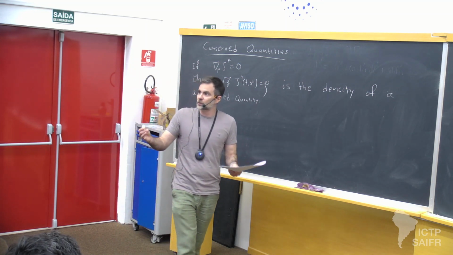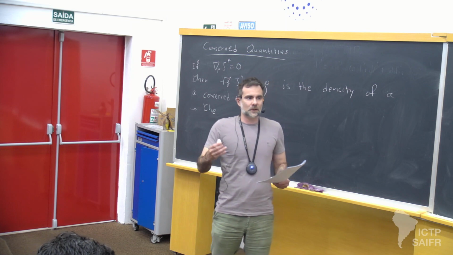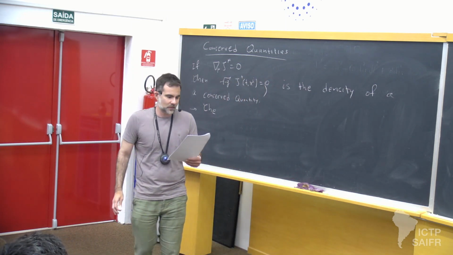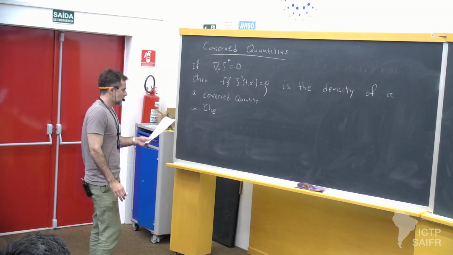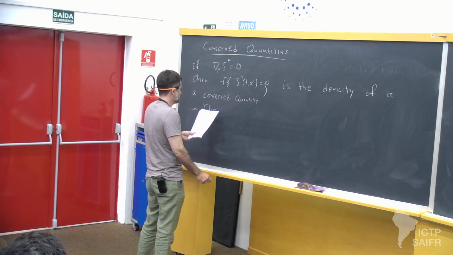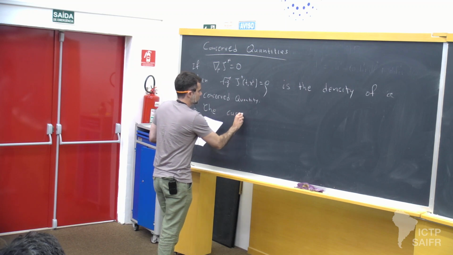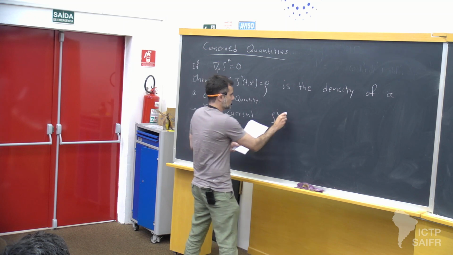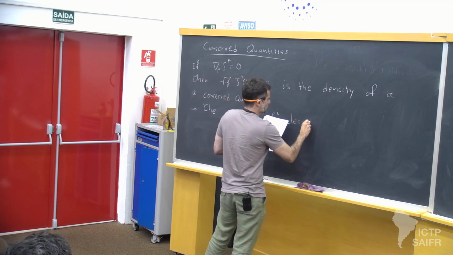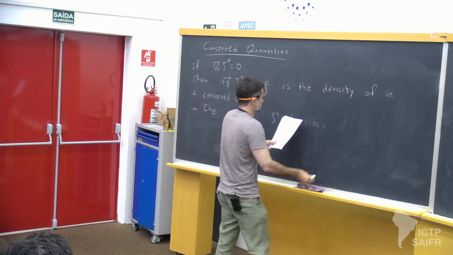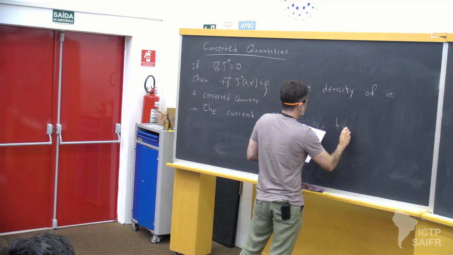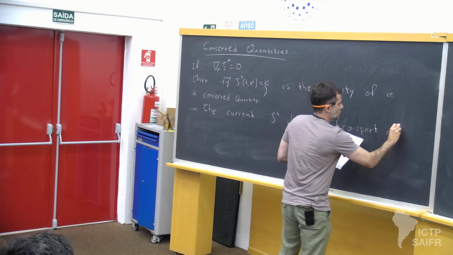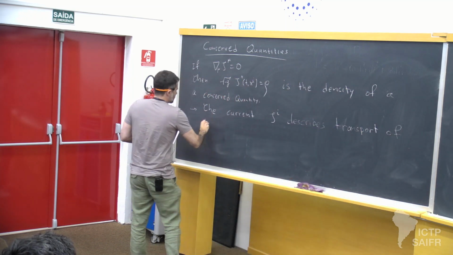So you have this conserved quantity, and J^i will tell you precisely how this conserved quantity is moving around space-time. So the current J^i, the spatial components, describes transport of the conserved quantity.